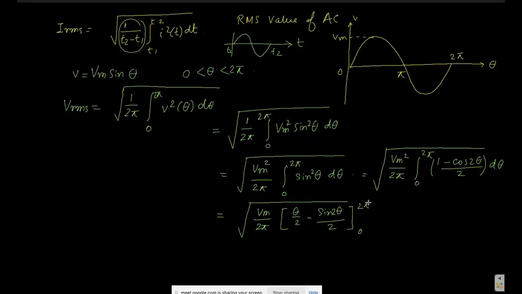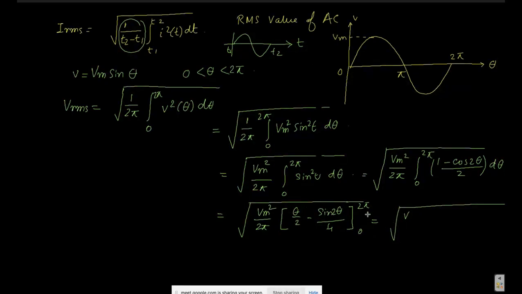That is the integration of theta by 2, and the integration of cos 2 theta is sin 2 theta by 2. I think it is 4: sin 2 theta by 2 and another 2 is there, that's why it is 4. Okay, got it?